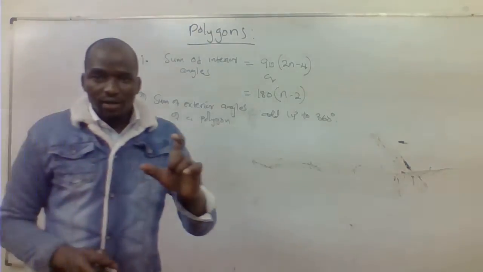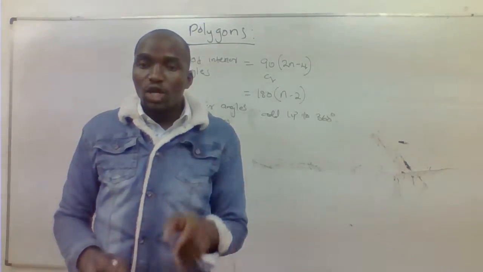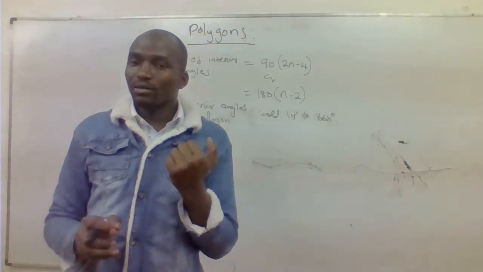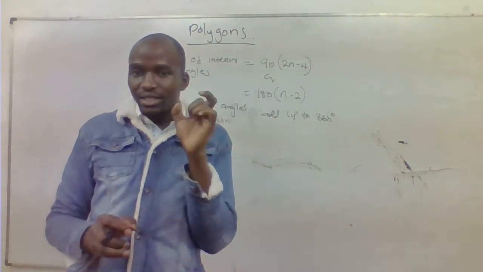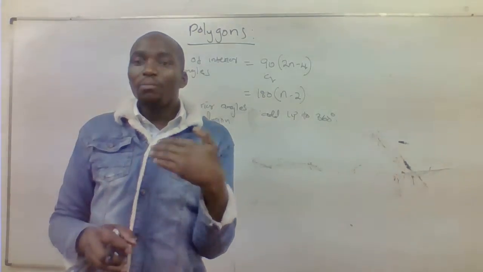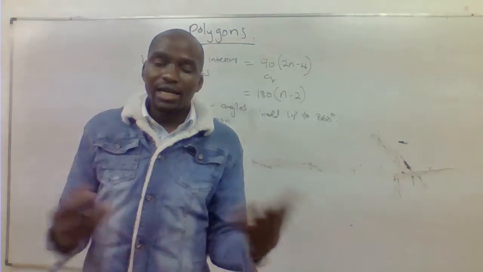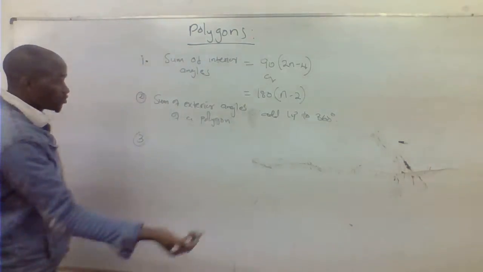If you know the size of an exterior angle, you can know the number of sides a given polygon has, and hence the name of the polygon. So how do we do that?